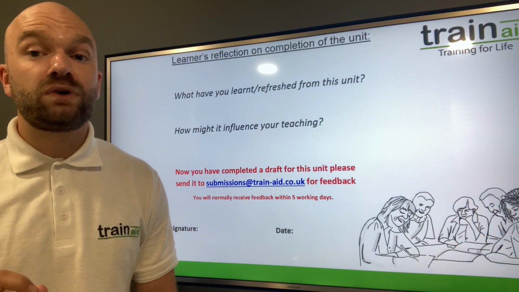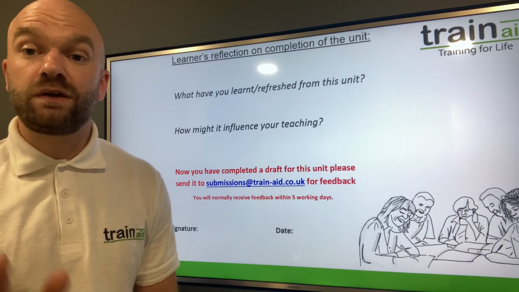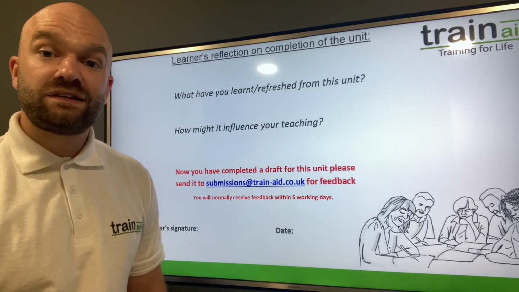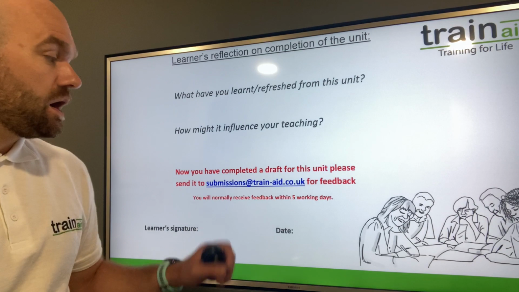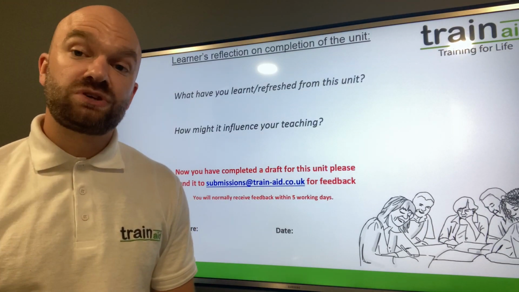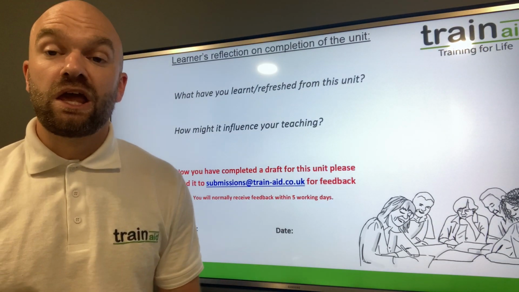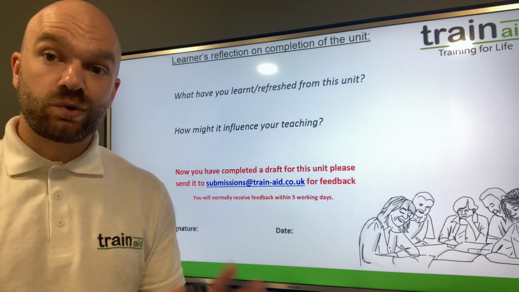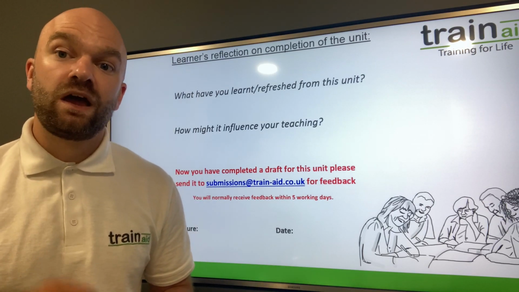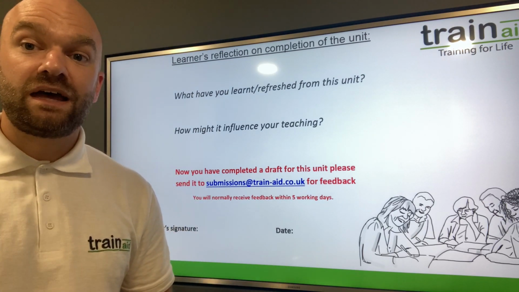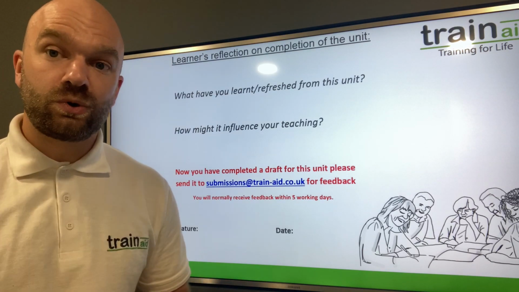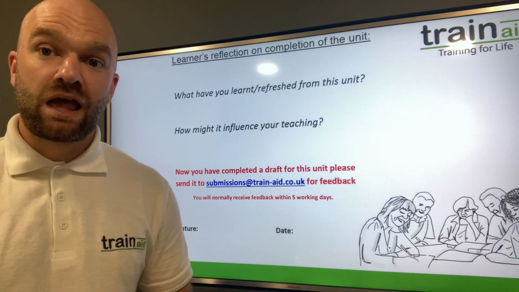If you'd like to handwrite your assignments as well, absolutely fine. Just scan it and send it in to us. The team work to 5 working days to turn around assignments. If you haven't met the criteria, don't worry. The team are very supportive and they'll give you helpful hints and advice for your resubmission.